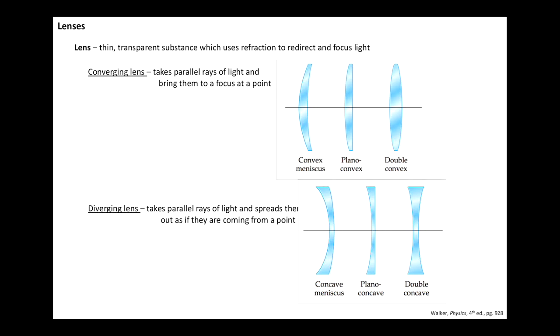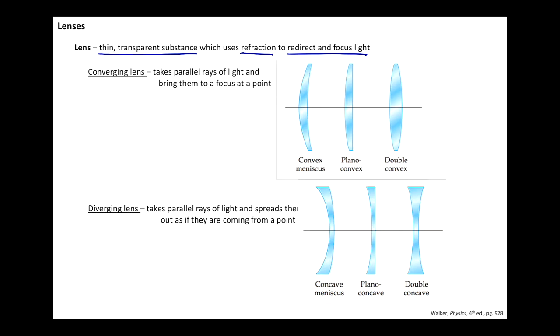Okay? So, lenses. First of all, the couple types of lenses we're going to use. We should start by describing what a lens is. It's just going to be a relatively thin, transparent substance, probably a clear plastic or glass in most cases, that is using the law of refraction, or Snell's law, to redirect light. We're using that bending of light to try to get it to focus, perhaps, at a certain point.